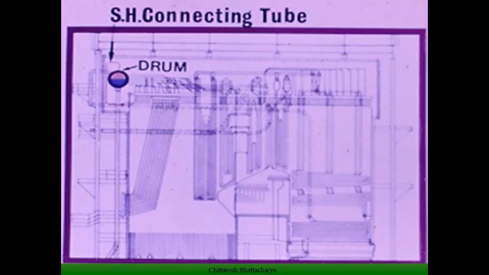But before entering the Platen superheater, we have an arrangement called desuperheating, where we try to control the temperature of the steam at the inlet of the Platen superheater so that subsequent superheating does not take place in such a way that there is overheating of the tubes and the superheater temperature goes high and the final superheat temperature goes beyond the limit.